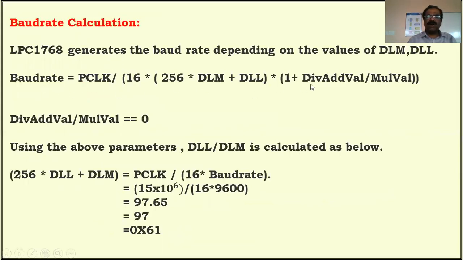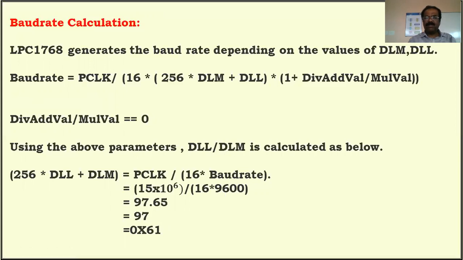Now, here there is a formula. This is the formula to calculate the baud rate. You have to calculate the values for DLM and DLL. Now this is the simplified version. We have to make this part equal to 0. Now here, that is 256 times DLM plus DLL, let it be equal to peripheral clock divided by 16 times baud rate. There I need 9600 baud rate.